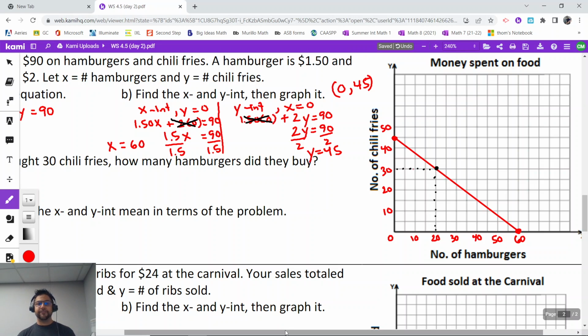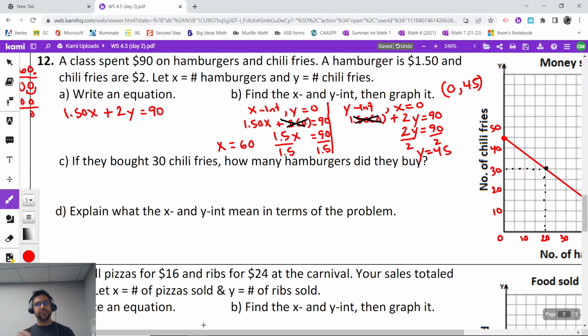But again, if your graph is not perfect, because some of you don't make your dots and your line as well as you should, you can go back to your equation. Remember, the y refers to the chili fries. So I'm going to write 1.50x plus 2y, but y is really 30 this time, equals 90. So I really have 1.50x plus 60 equals 90.